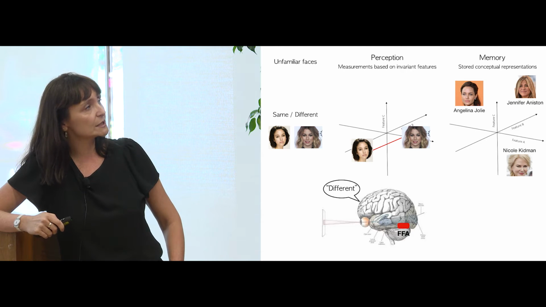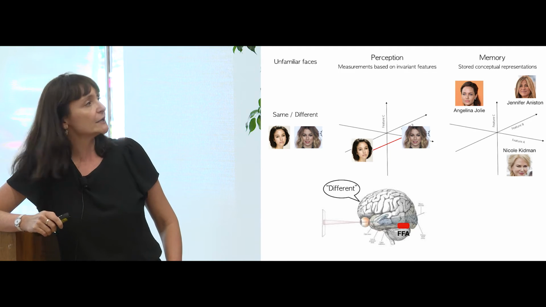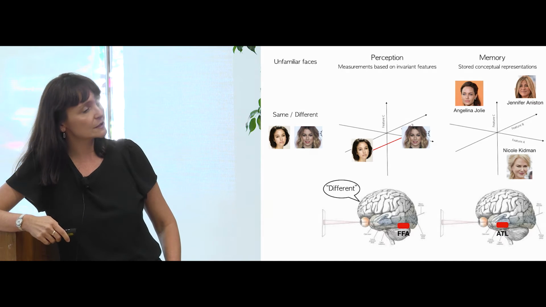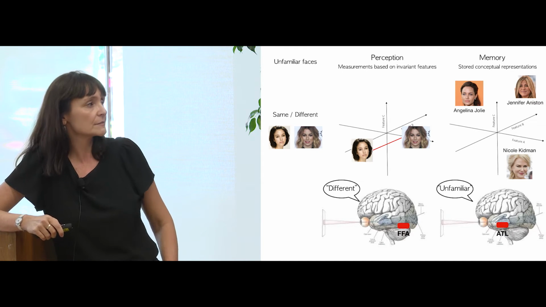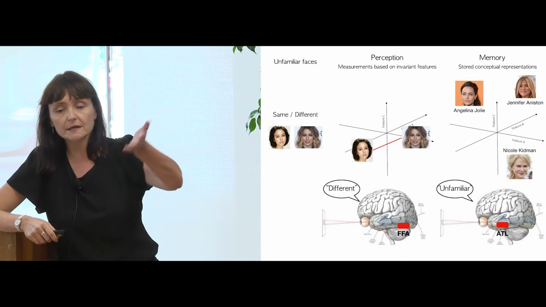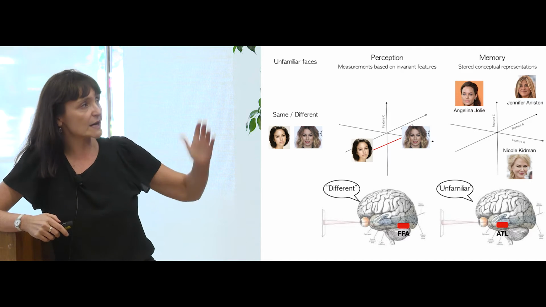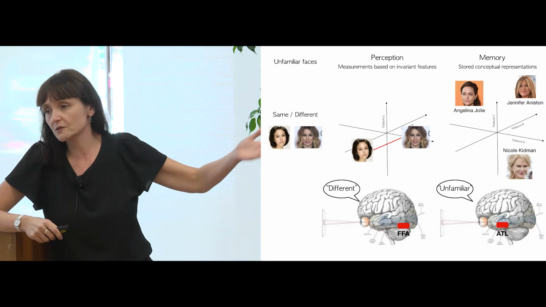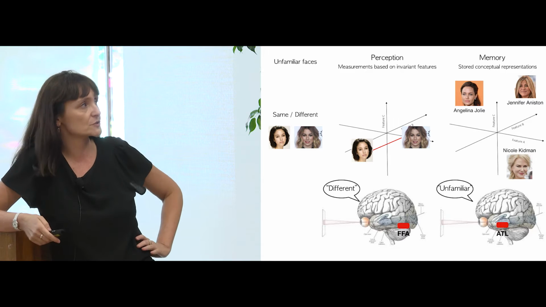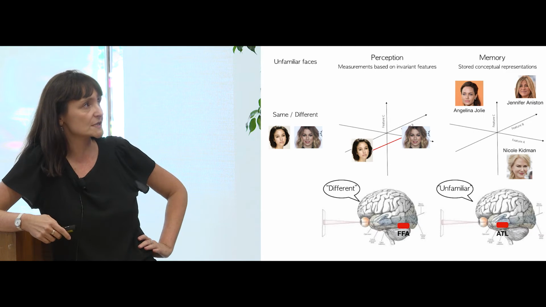And what we need to do is measure the distance between our perceptual representation and our stored representation. And if we cannot find any face that is similar enough to that face, we may say this is unfamiliar. And this may be done in a more anterior area, in the extended system or some other system that may also have this conceptual representation. So this is with unfamiliar faces, and although this is the same person, we may think that this is a different person because they are different perceptually.